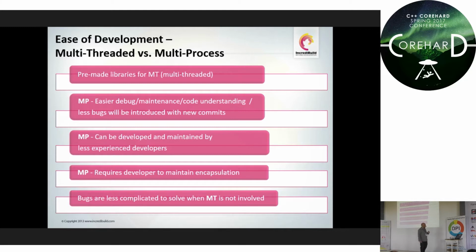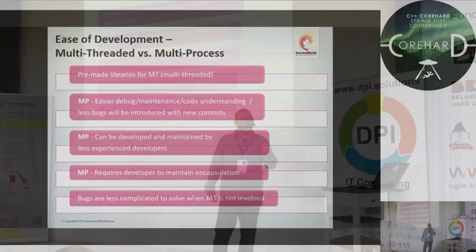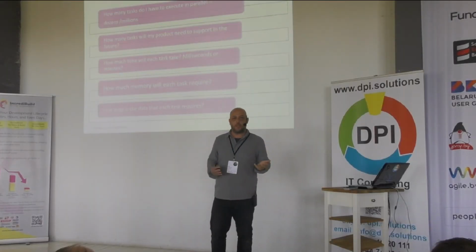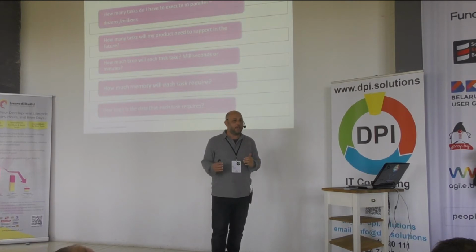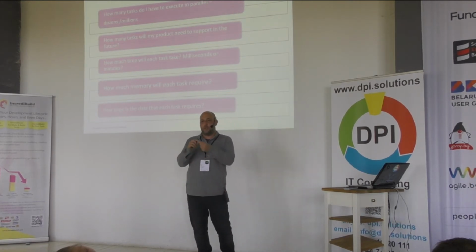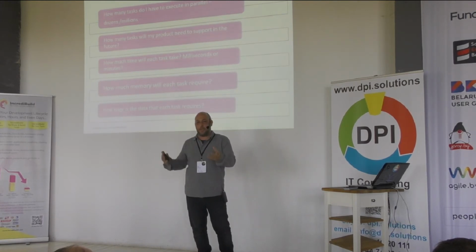One of them is, how many tasks are you going to have? If you have only one or two, maybe you don't need to consider that much. Maybe multi-threaded will be very easy for you. If you have millions, you need to understand whether each of them is going to take just a few milliseconds, or if it's going to take many minutes.